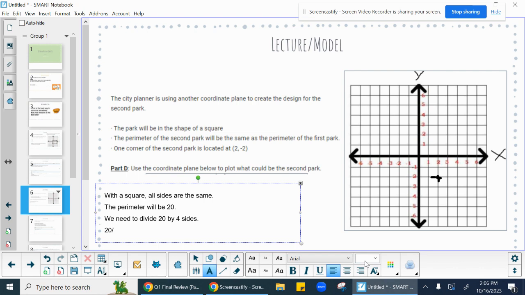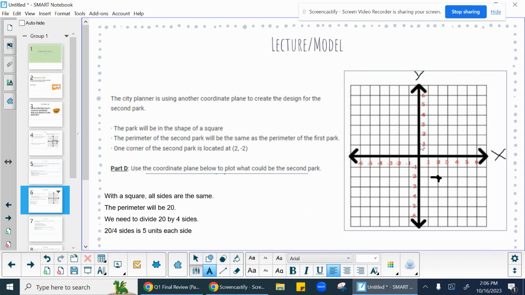So 20 divided by 4 sides is 5 units each side. Because again, we know that it's a square, all the sides have to be the same. If the perimeter has to be 20 units, divided by 4 sides is 5 units for each side.